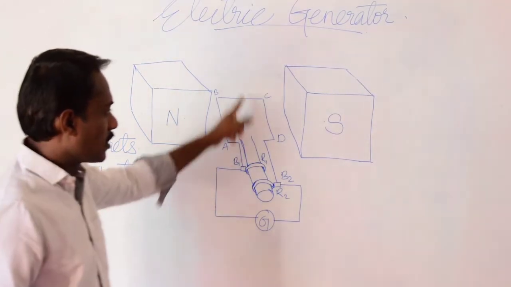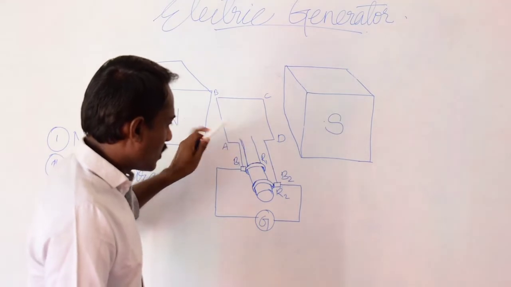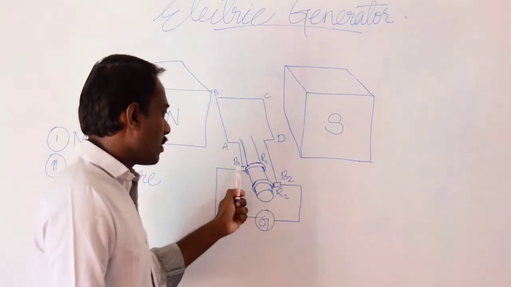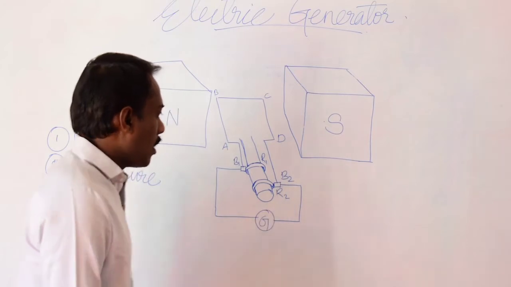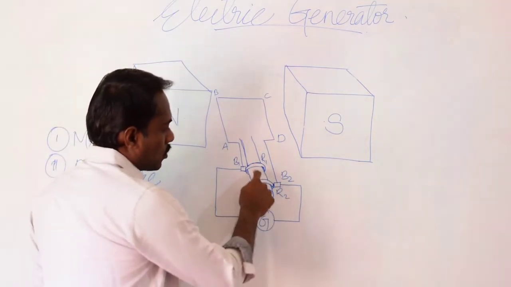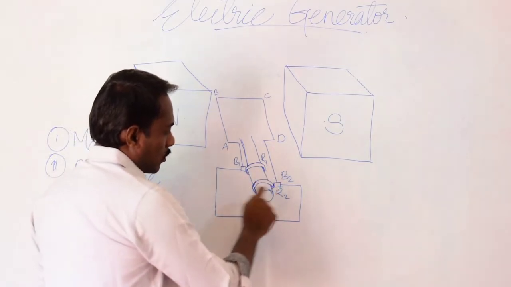Along the shaft, the two terminals of this coil are connected to two brushes B1 and B2, and these brushes are in contact with two rings, R1 and R2.